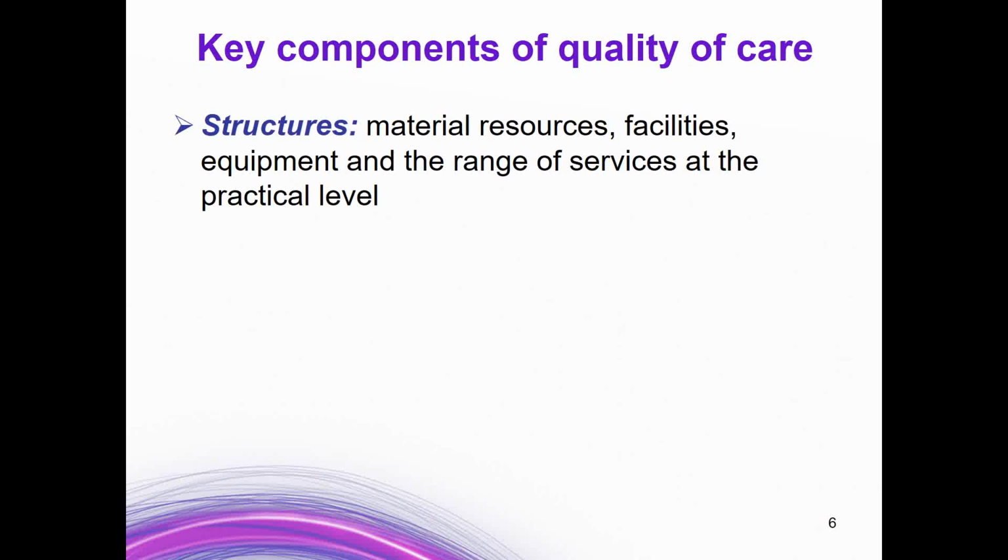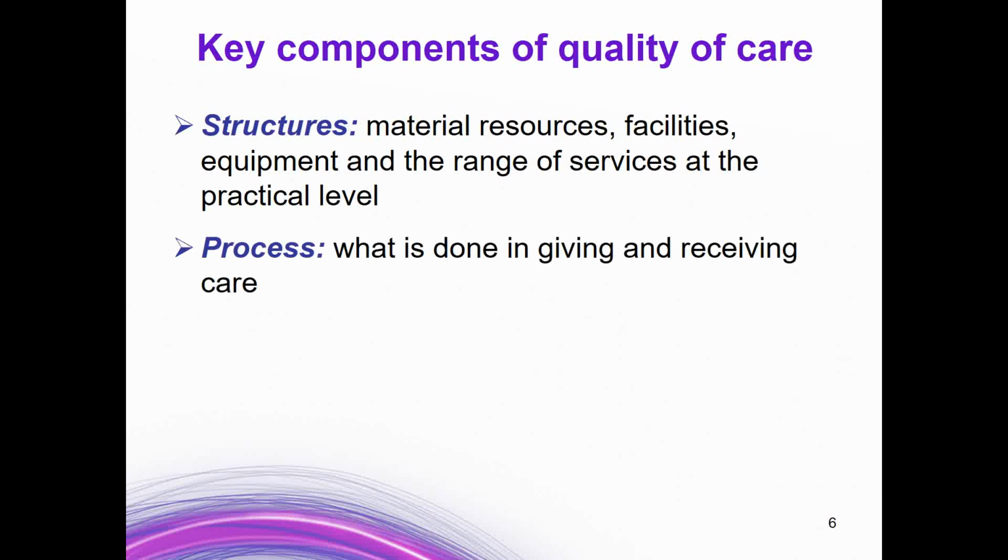When we look at not just quality but the quality of care, we look at it in 3 different components, especially at the system level and organization level. One is the structures: how the care, the organization and the system are structured to meet the needs of our population, allowing the best use of resources.